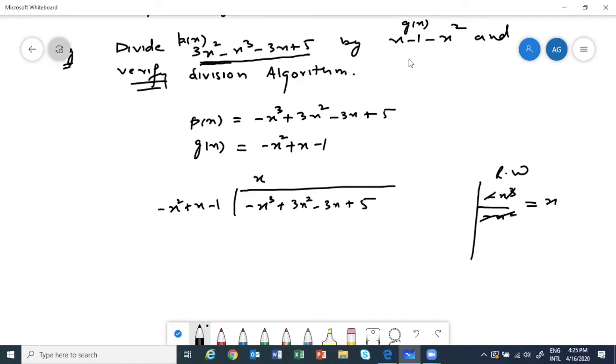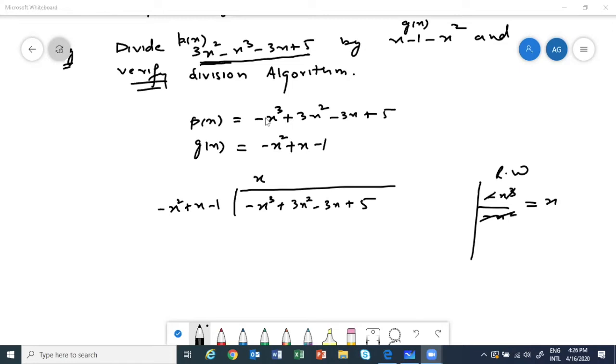See, Adi, we can do that. But since your p(x) and g(x) both have negative with x square, like we have minus x cube and we have minus x square, there is no point doing it. It won't help. Finally, when we'll be writing, then we may make mistakes of signs.